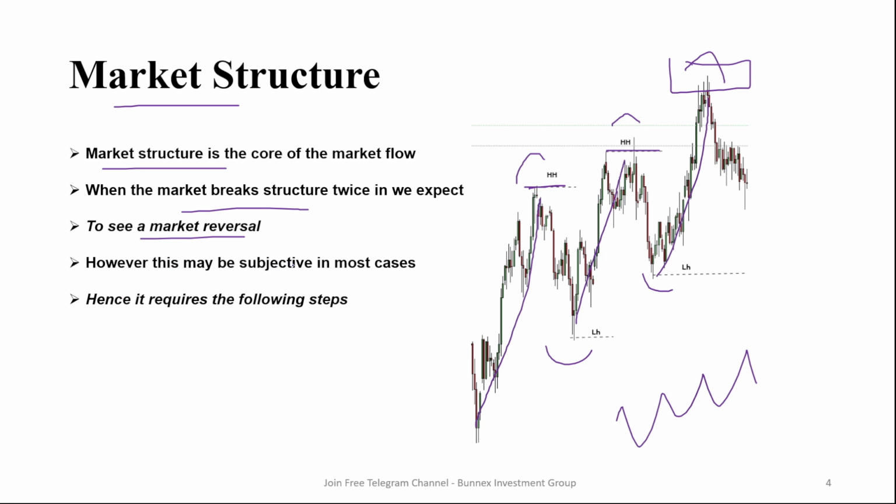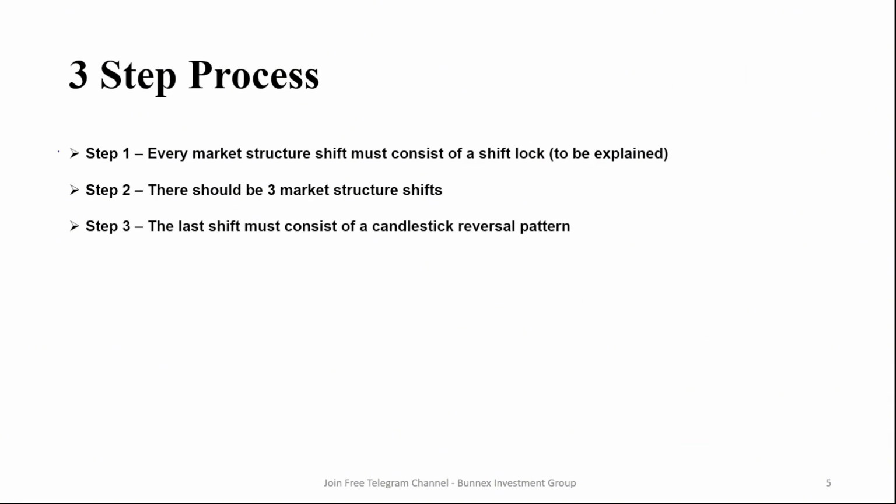However, this may be subjective in most cases. As I've said, the market does not always move like this in all cases. Hence, it requires the following steps. Step 1, every market structure shift must consist of a shift log. I'll explain this when we get to the charts. A shift log removes subjectivity to validate whether that shift is actually a valid shift or not.